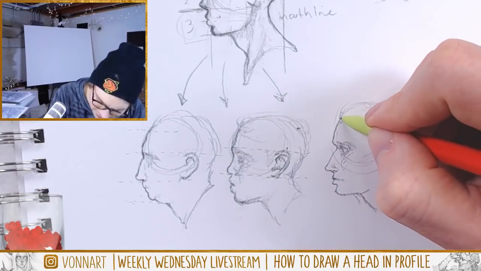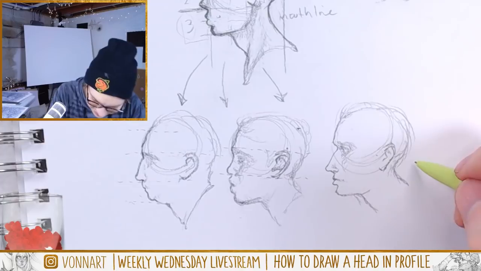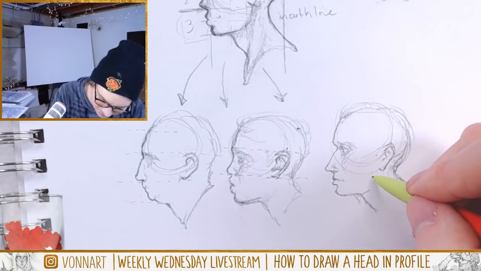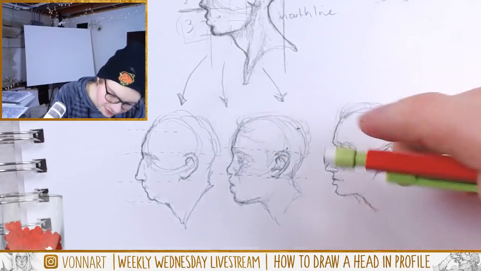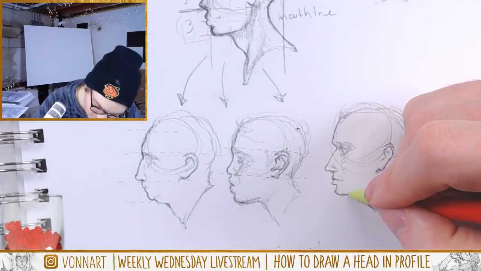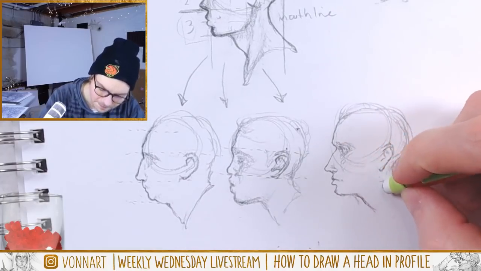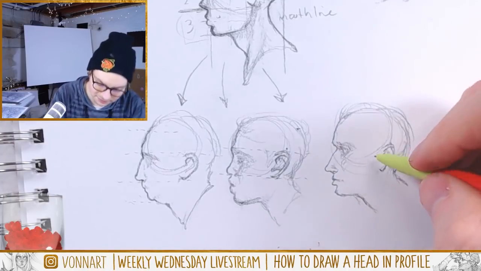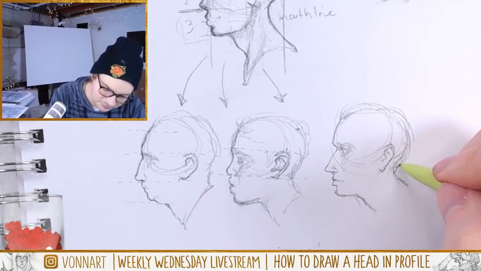I don't know why I'm drawing like this. I feel like immediately I went to a witch. I don't know why that was my third general head shape. And there are times where the chin might not be as pronounced and their jawline is softer. It creates more of this look where there isn't a very strong, sharp line defining the jaw. It might just be more like this, where it's more open.